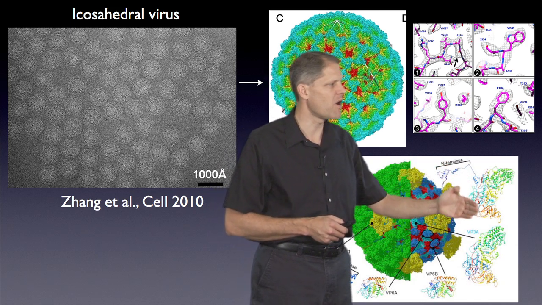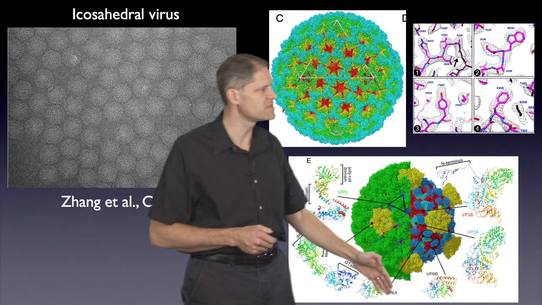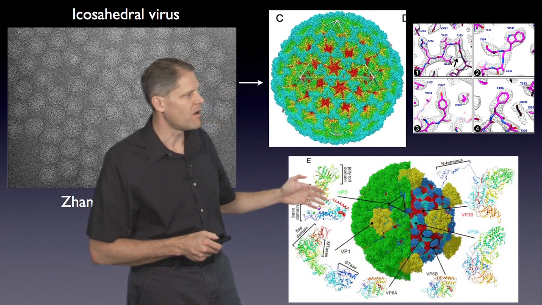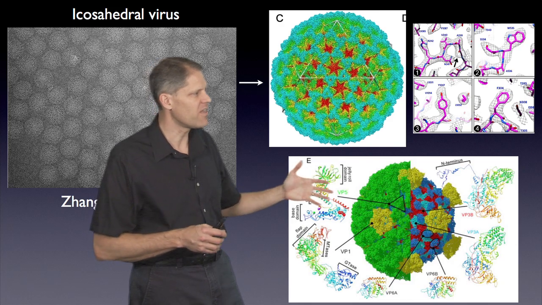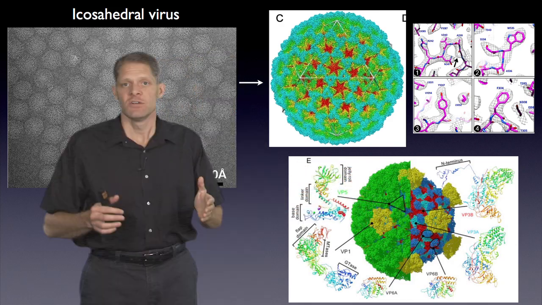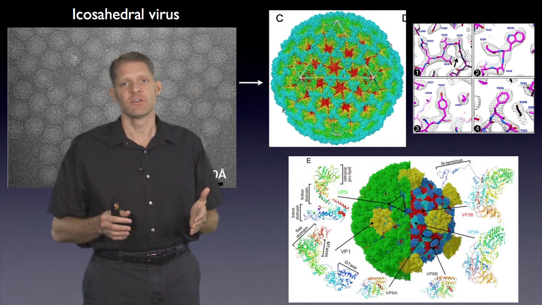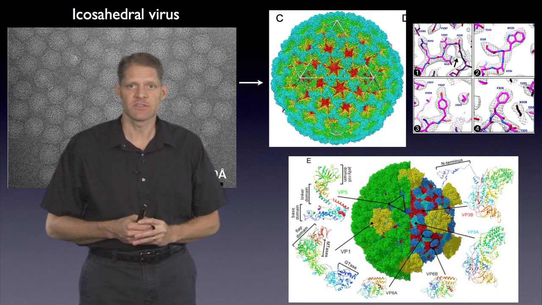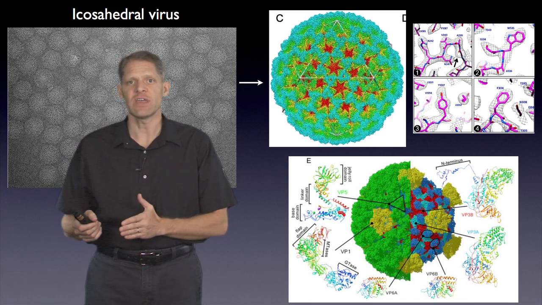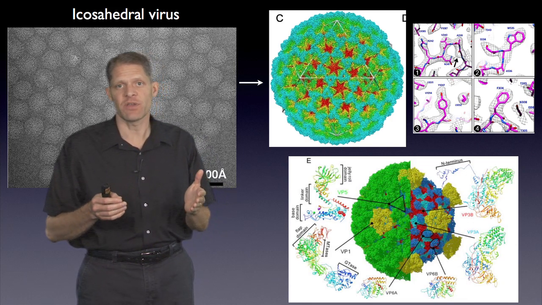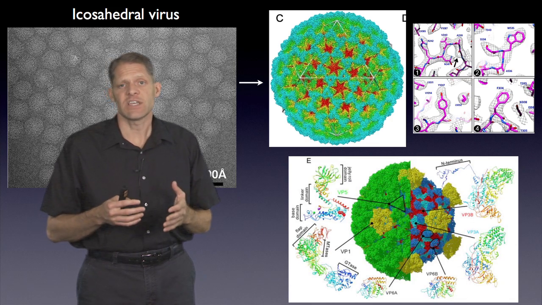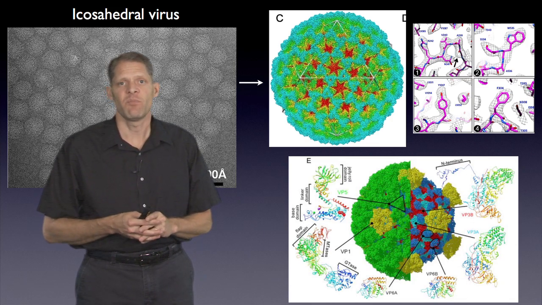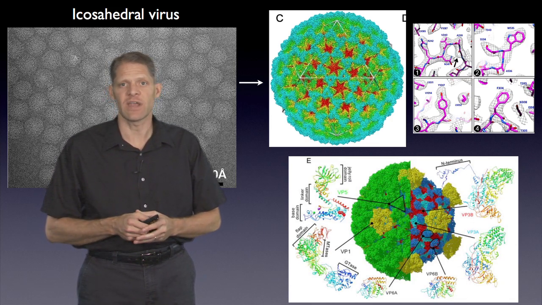And here's atomic models of all of the various proteins that are stitched together to form the entire virus. So whereas the first structures of icosahedral viruses were solved by X-ray crystallography, it has become relatively straightforward to solve icosahedral viral structures by cryo-EM based single particle analysis.